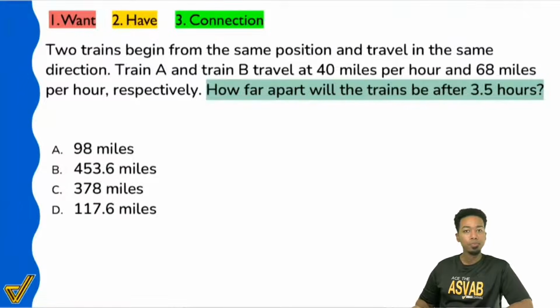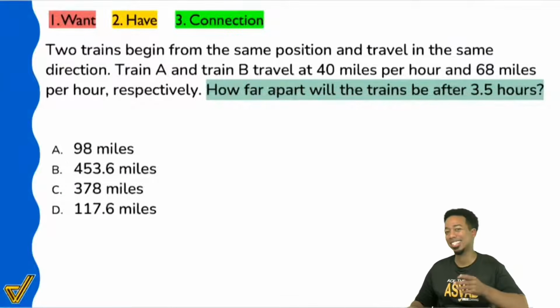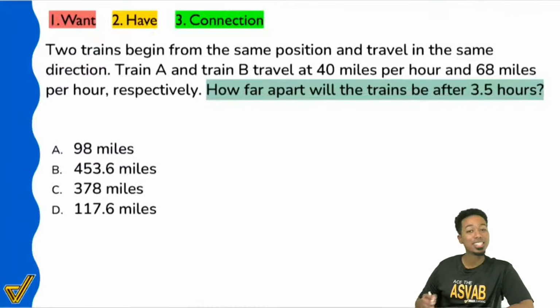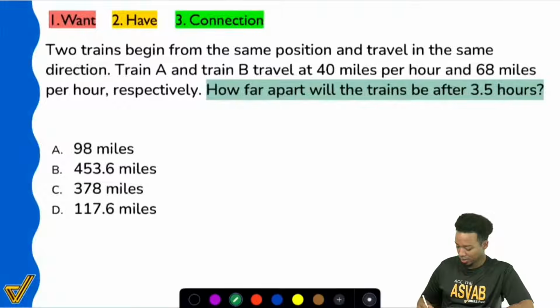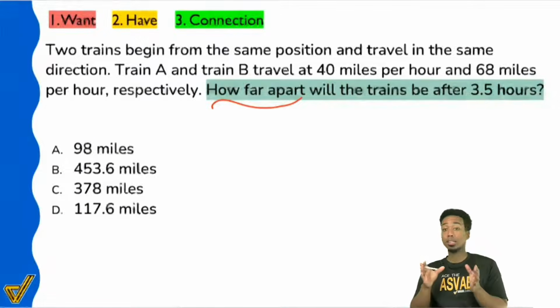My party people, what are we looking for? Are we looking for a distance, a rate, or a time here? Yakeem, no worries. I've been doing this for a while, so I can take a guess as to what might be going through your heads. So, yeah, we're definitely looking for a distance here. And to support that, let's see right here. How far apart? That's a nice key phrase.